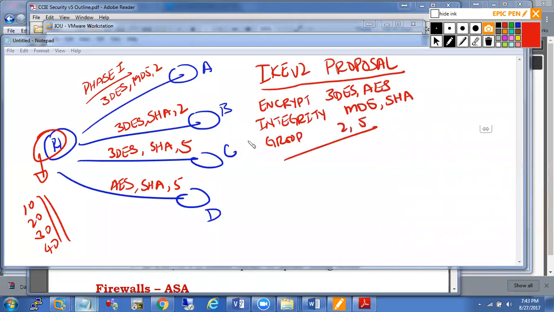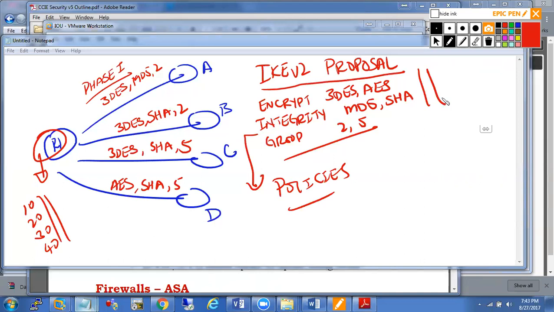The proposal automatically creates policies for every possible combination over here. So it'll create a policy based on triple DES MD5 2, triple DES MD5 5. It creates an AES MD5 2, AES MD5 5, triple DES SHA 2, triple DES SHA 5, AES SHA 2, AES SHA 5.